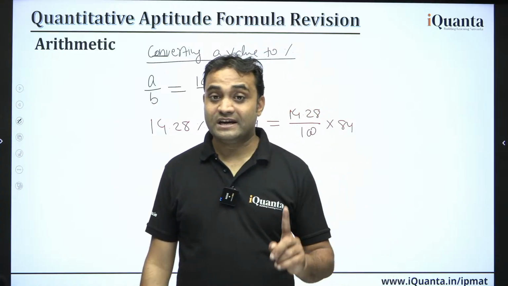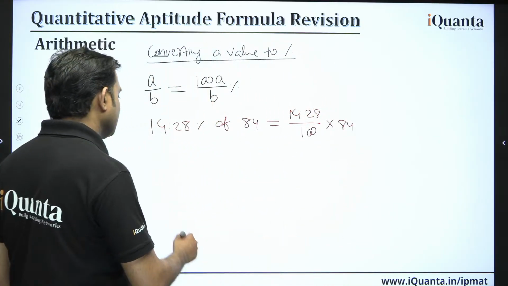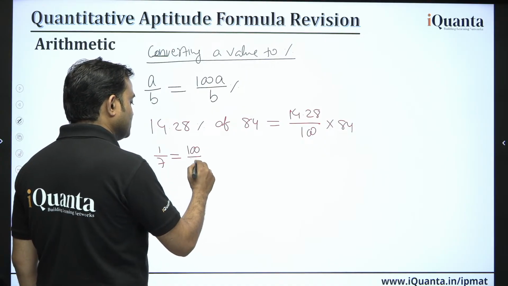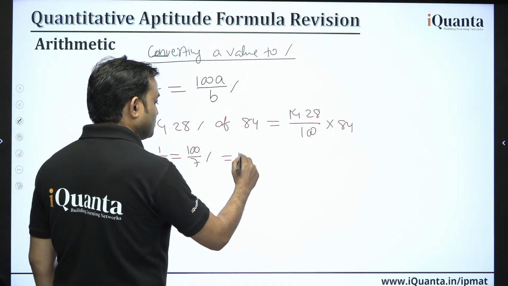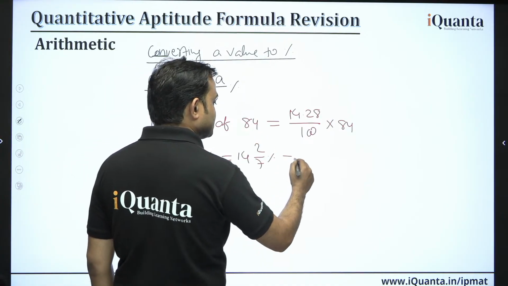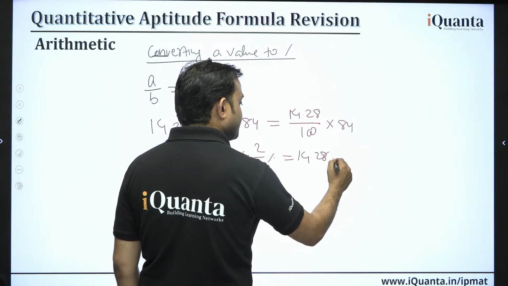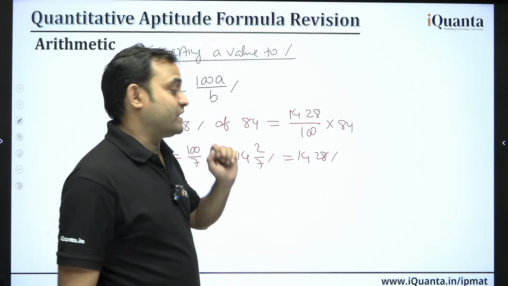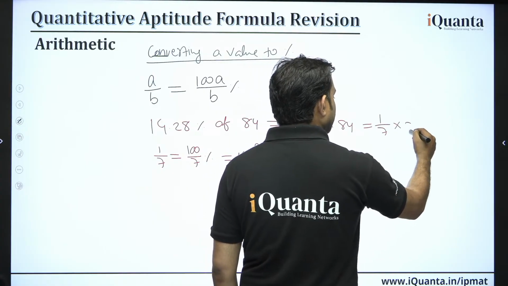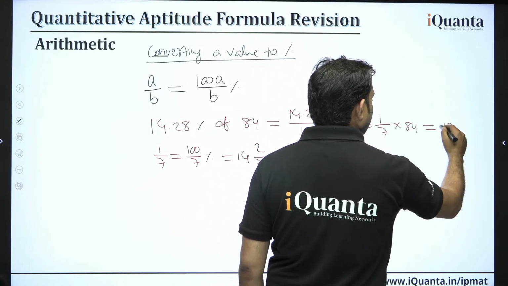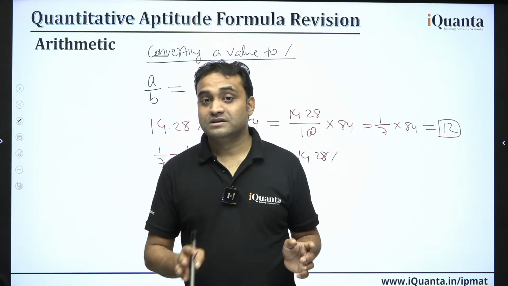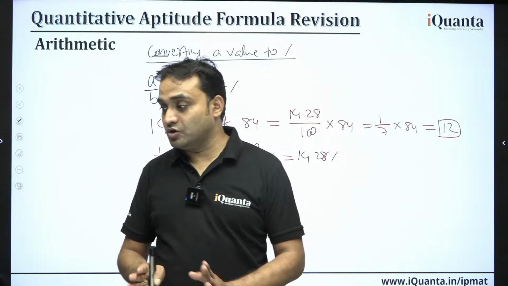But if you know that 1 by 7 is equal to 100 upon 7%, which is equal to 14 2 by 7%, which is the same as 14.28%, then you can solve it very easily. Then you can write it as 1 by 7 into 84, and this will give you 12 very easily. So this is the importance of knowing the conversion of a fraction into percentages.